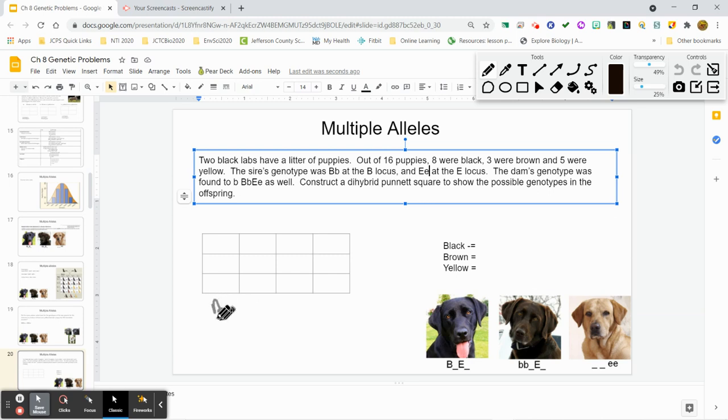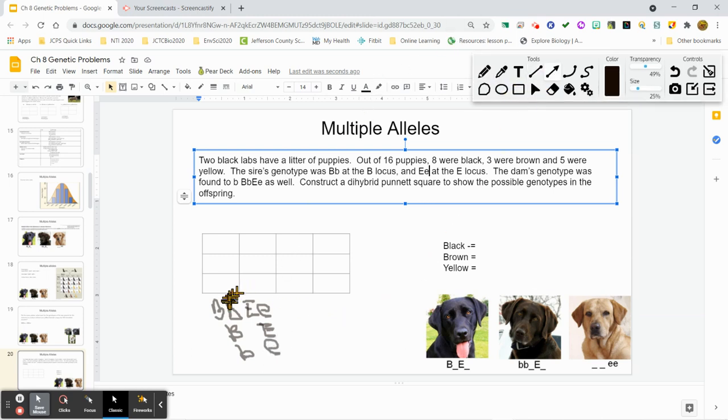So you're going to have a big B, little b, big E, little e. And so this parent can give a big B or a little b, and a big E or a little e. And now you're going to do those combinations.